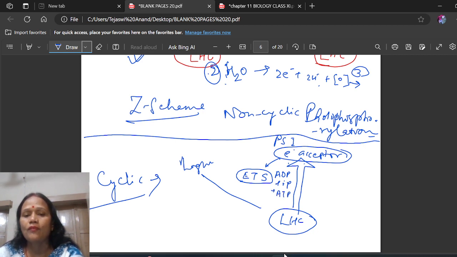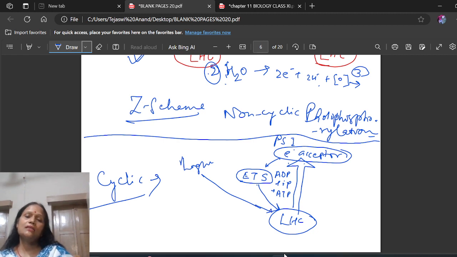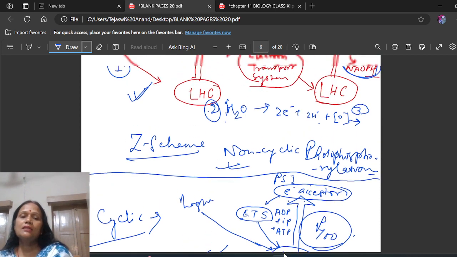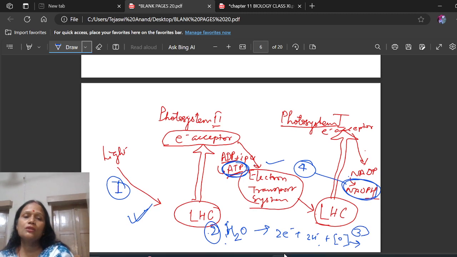One ATP will be formed and that will again be transferred to LHC. So in this way we are seeing that this is the cyclic mode of phosphorylation, this is the non-cyclic mode of phosphorylation. Here only PS1 is working and P700 is active only. Here in non-cyclic photophosphorylation both are working, P680 and P700 also.